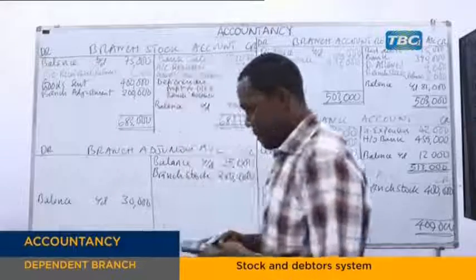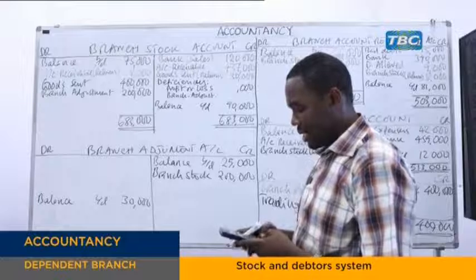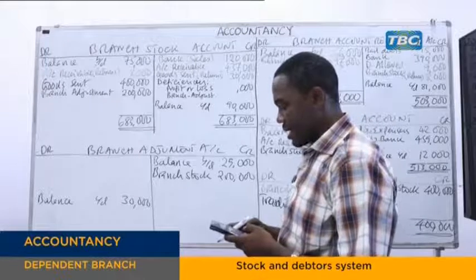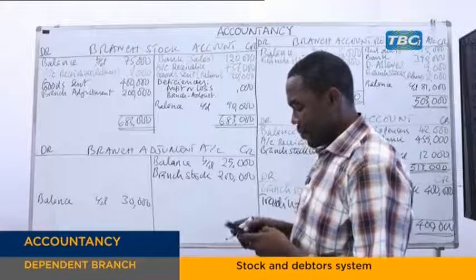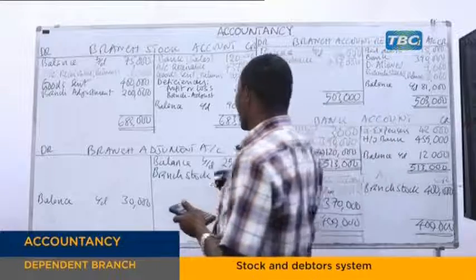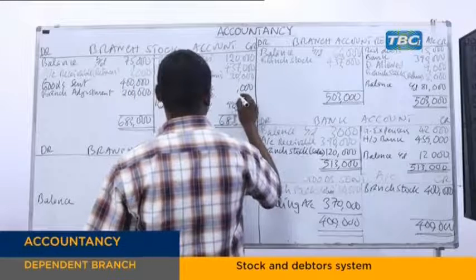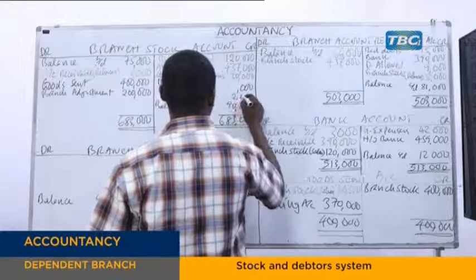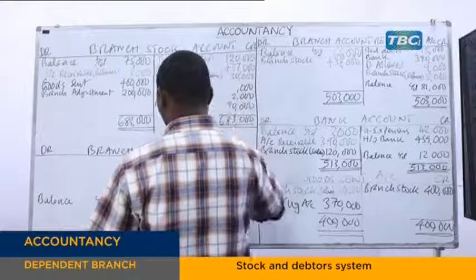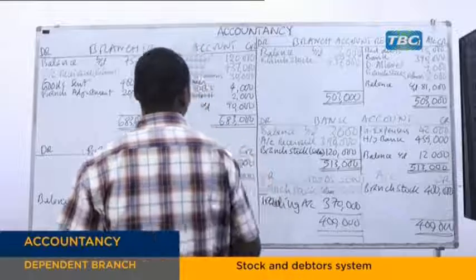So if the margin was 1/3 times 6,000, we get the profit loading of 2,000. And of course, if it was 6,000, this will be 4,000 to P&L.